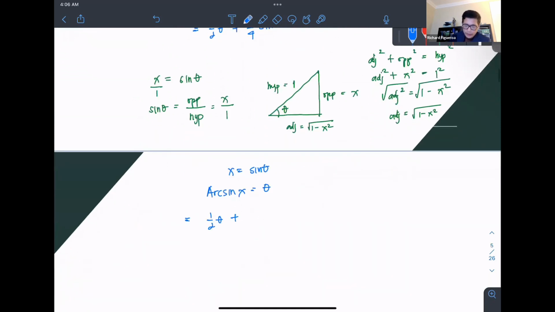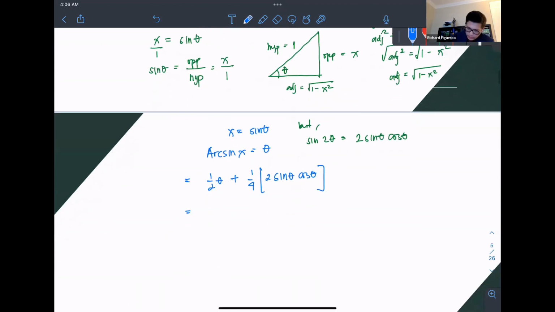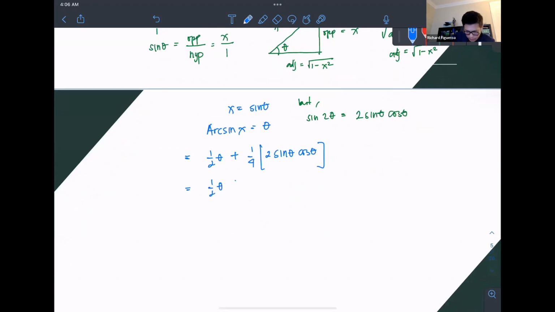The identity for sine 2 theta is 2 sine theta cosine theta. So that's the one that we will be substituting here: 2 sine theta cosine theta. So 1/2 theta, plus 2/4 is 1/2, sine theta cosine theta.